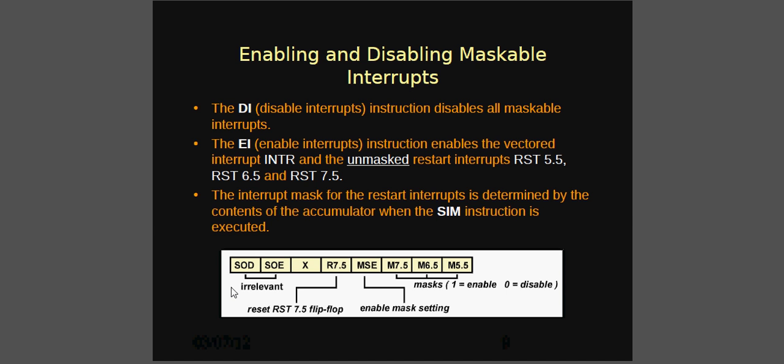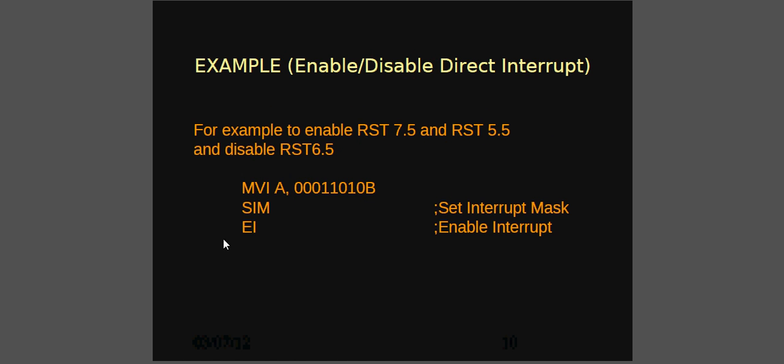These two we will not cover in our course. The most important thing here is how we can enable or disable the type of interrupt. So this is the register, and as you can see, this is the example.